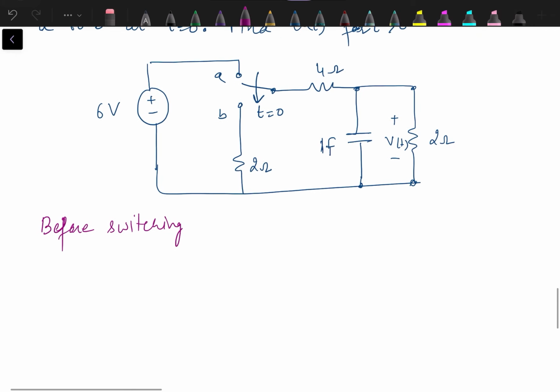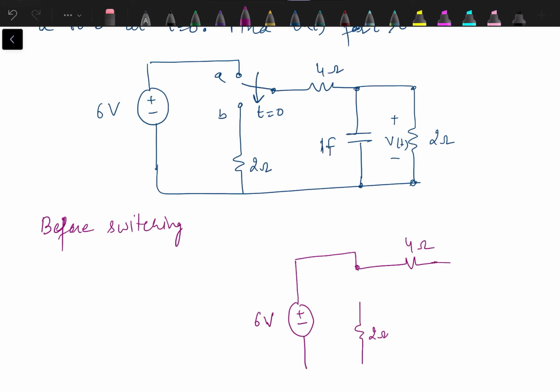So before switching, what we have, the switch is in position 1, sorry, position A. 6 volt source, 4 ohm, 2 ohm, and this capacitor will behave as open circuit.